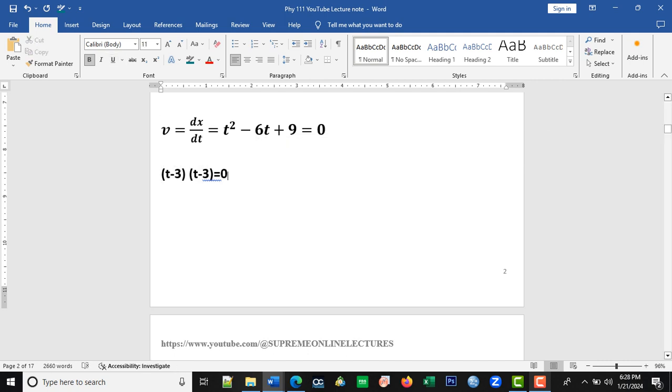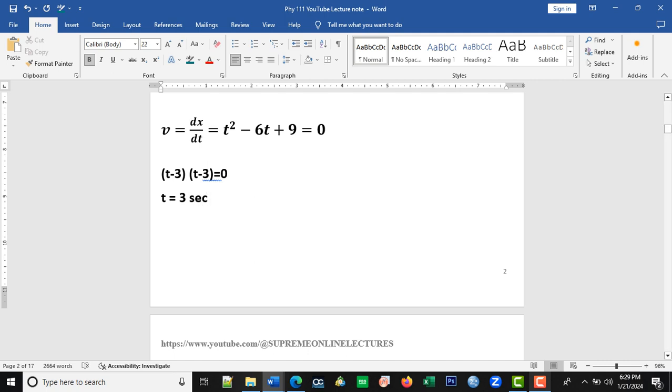Which, if we solve for t, then we will have that t is equal to plus 3. And 3 represents time.